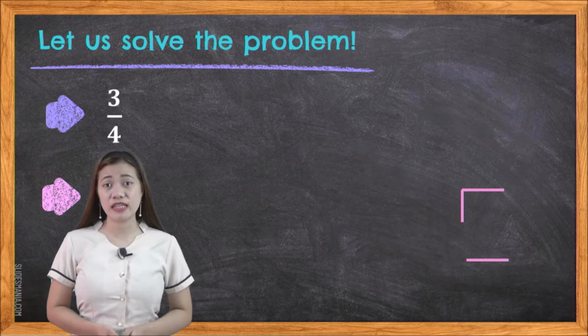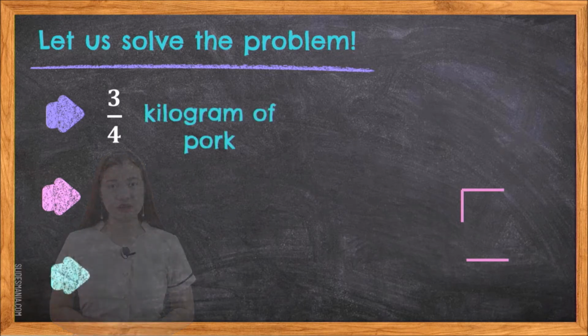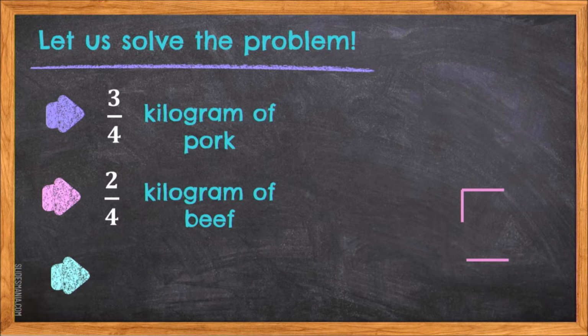First, we need to identify the given facts. We have 3/4 kilogram of pork. We have 2/4 kilogram of beef. And then next, to solve the problem, kids, all we have to do is to add the two fractions, which are 3/4 plus 2/4. So how do we add similar fractions?